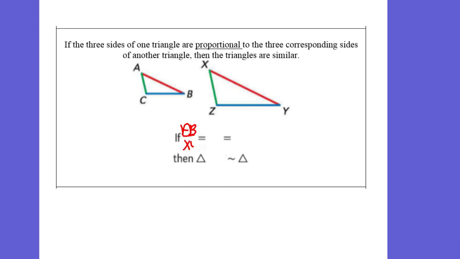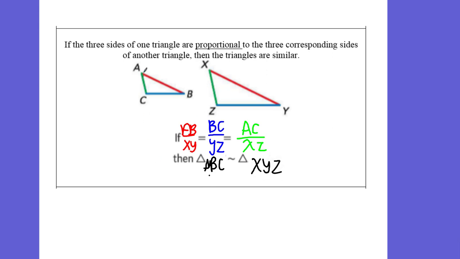AB to XY is equal to the ratio of BC over YZ, which is equal to the ratio of AC over XZ. Then that's enough info to say those triangles, ABC should be similar to triangle XYZ.